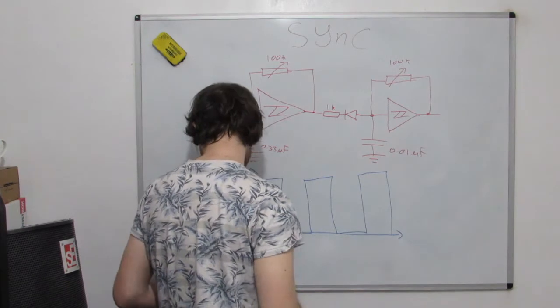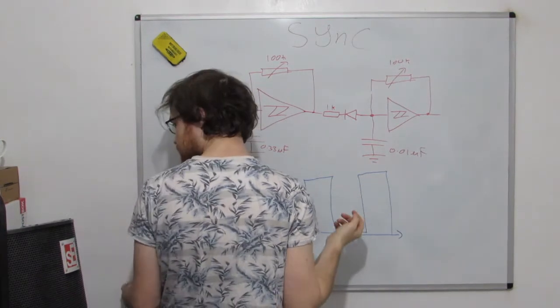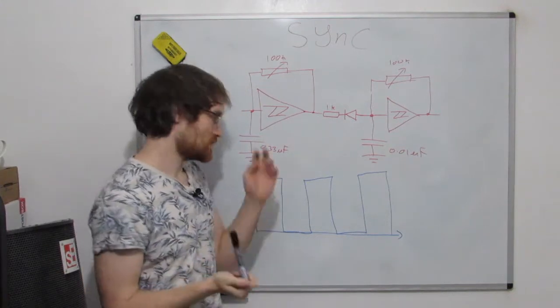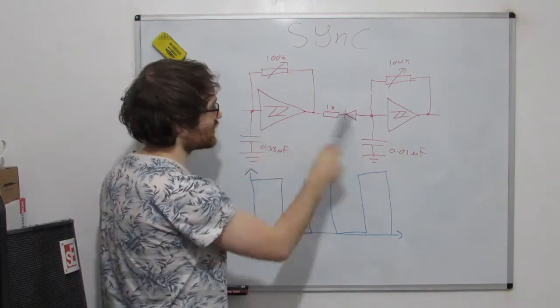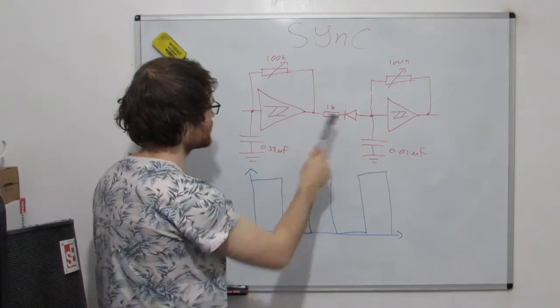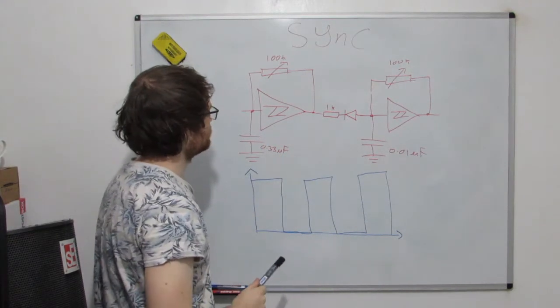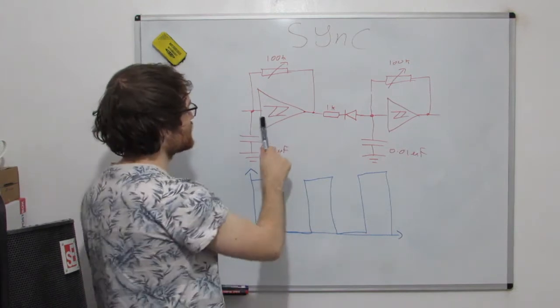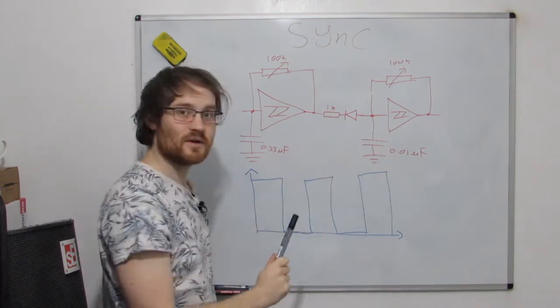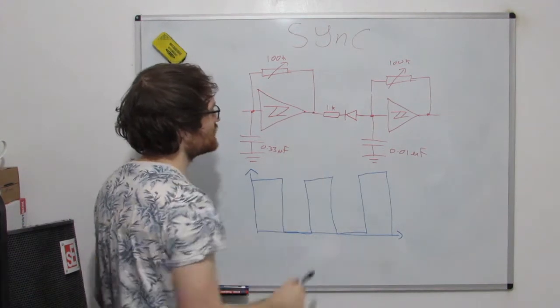So what is going to happen when we connect these two circuits together? Well, they both start off in an off state at the inputs. These are inverting, remember? So this output is going to go high. This input is low. So we're going to have 9 volts here.